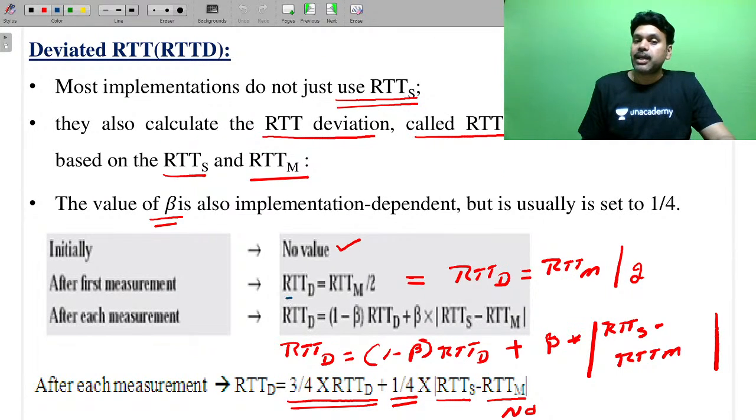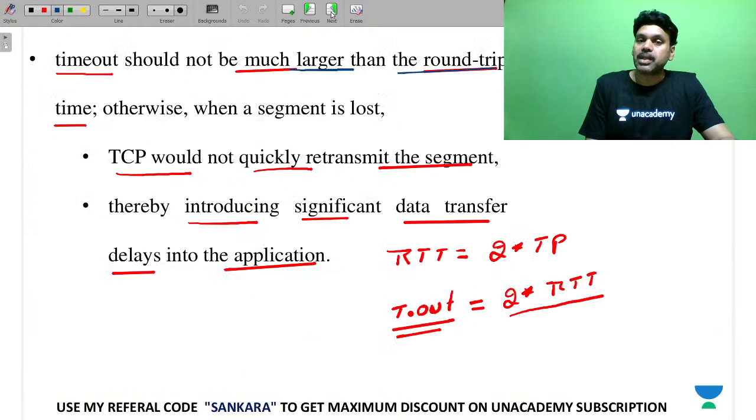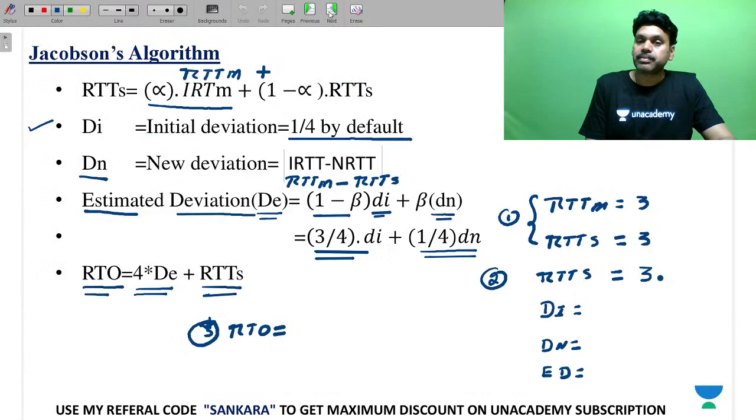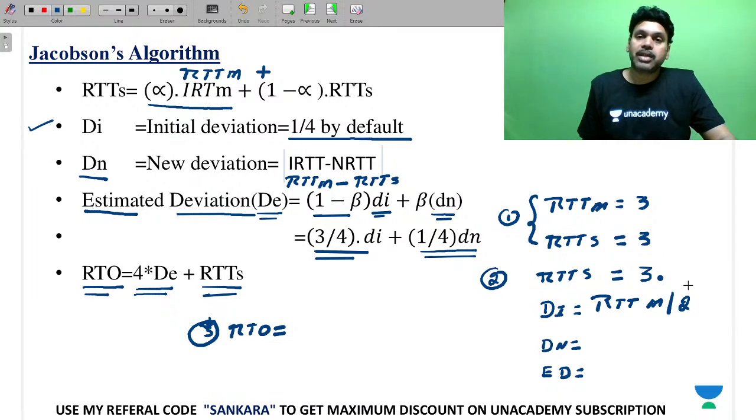Your RTTD for the first exchange is RTTM by 2. Please listen. For the first time it is RTTM by 2. Now you need to calculate a new deviation.